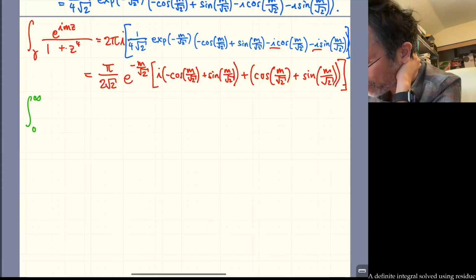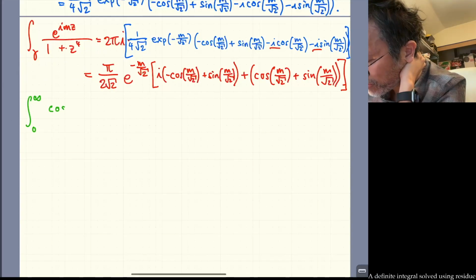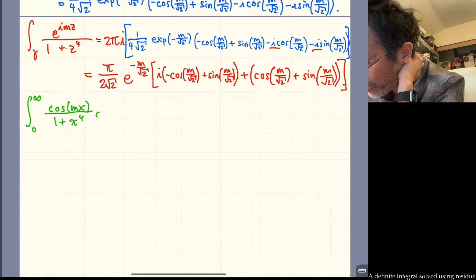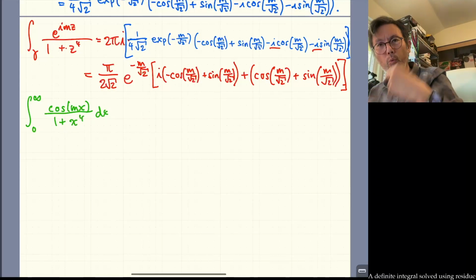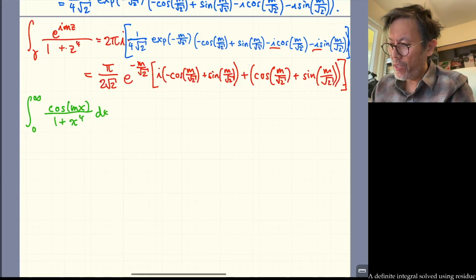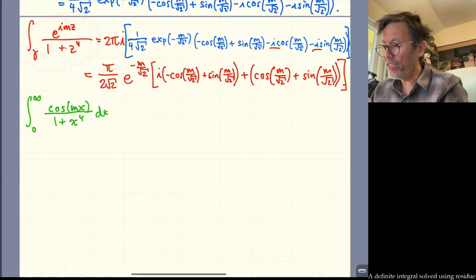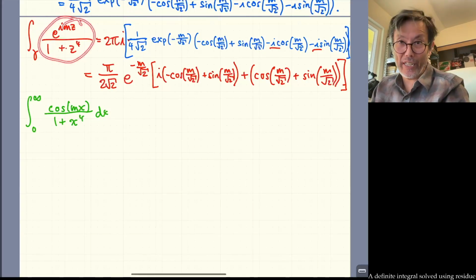Because the residue. Yeah. So of cosine mx divided by 1 plus x to the fourth dx. Well, that's the real part of this integral, because the real part of this integrand is exactly this integrand.